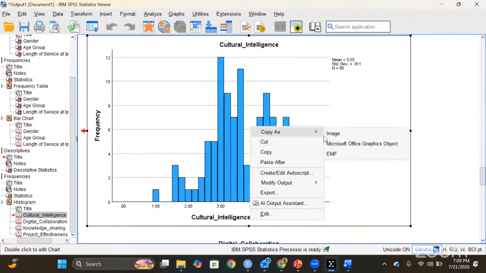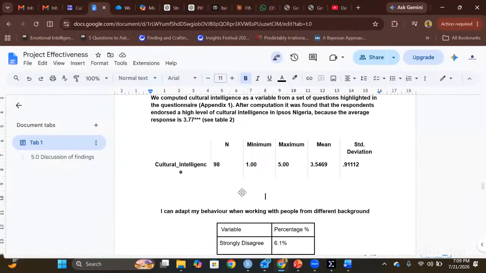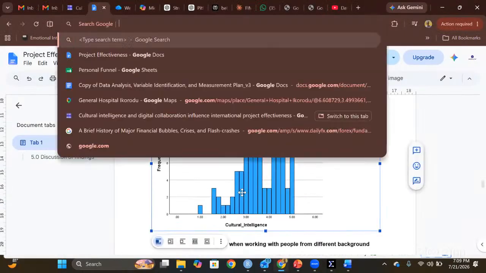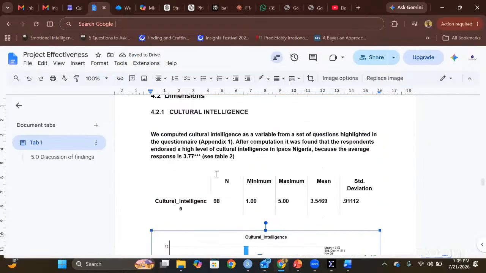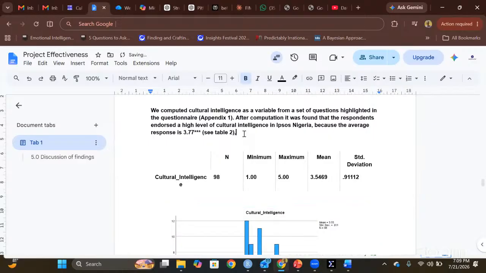Then to make things more beautiful, you can copy this also, then put it underneath it. Bam. So you can see that you already measured that. Then make your chart down. You can just say this is also well supported by the histogram in figure, maybe figure 1.